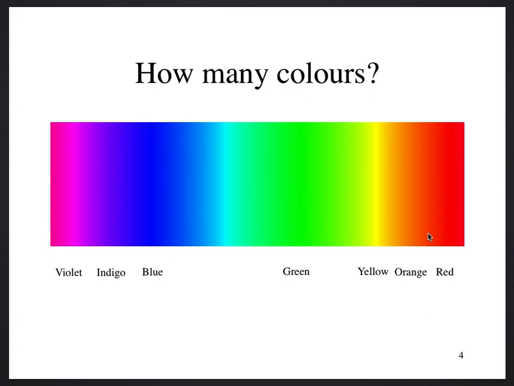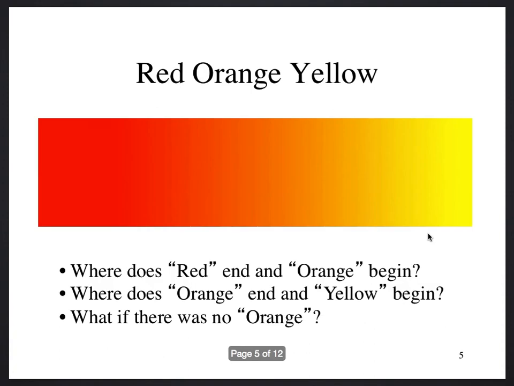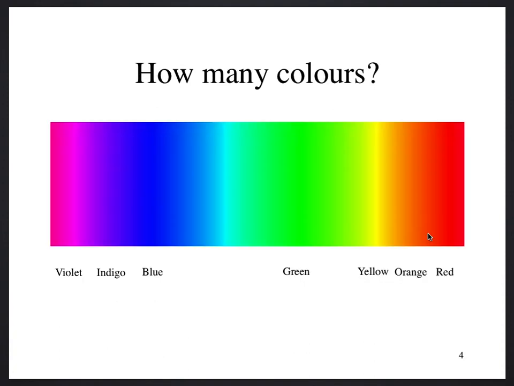Basically somebody has decided that this spectrum should be broken up into red, orange, yellow, green, blue, indigo, and violet. Those would be the quantization levels. So between here and here, say, is one level. Between here and here is another level. Between here and here is another level. Between here and here is another quantization level. Now we can argue about where green becomes blue, but in general we're looking at 7 quantization levels.